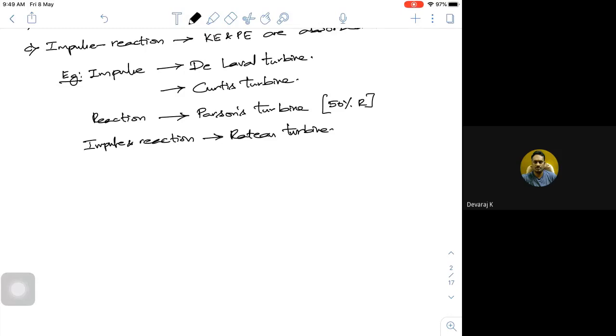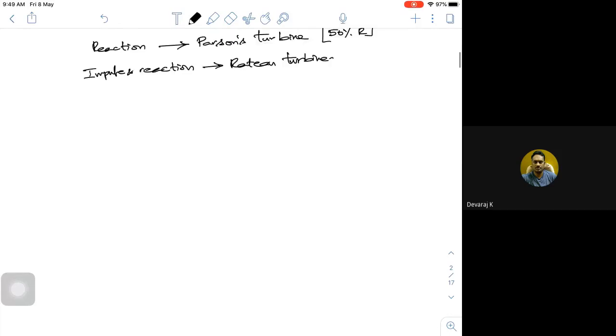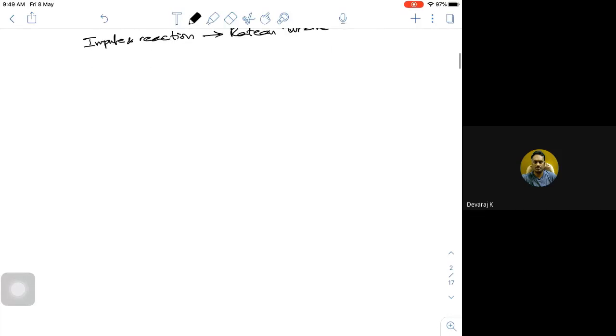That's it. We know that you might have studied in your elements of mechanical engineering something about compounding in steam turbines. What is it actually? Let me use a block.